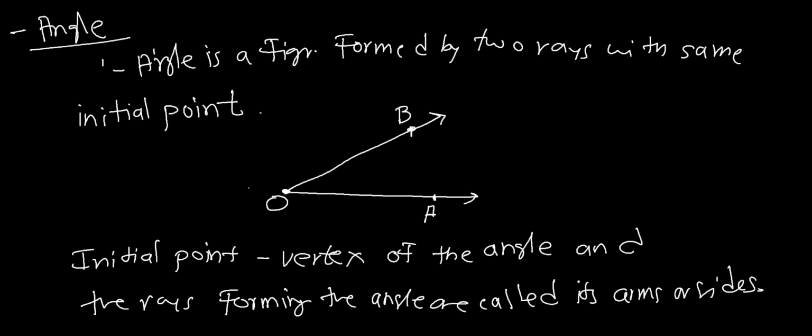So this initial point O is our vertex, this ray is our first arm, and this is our second arm.